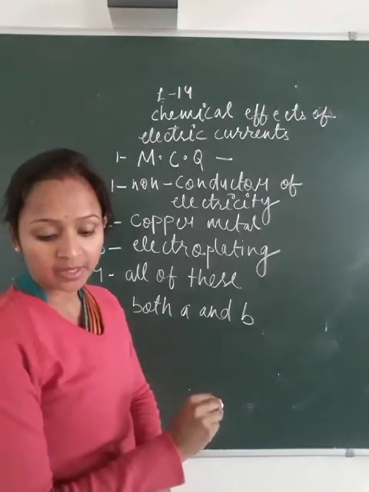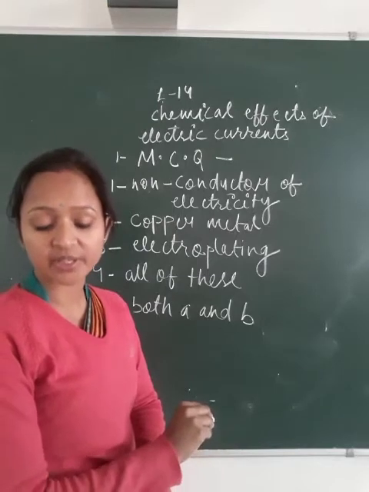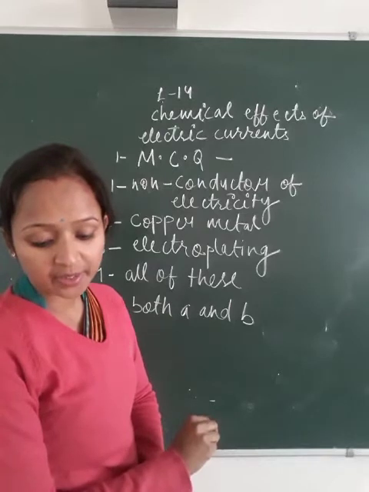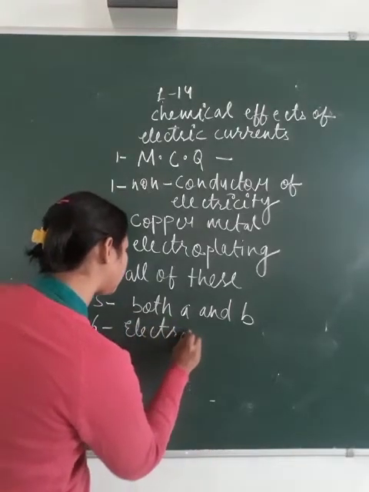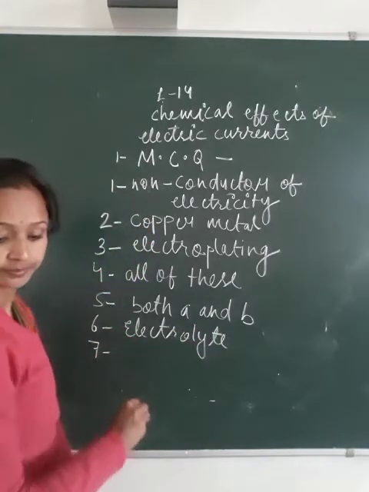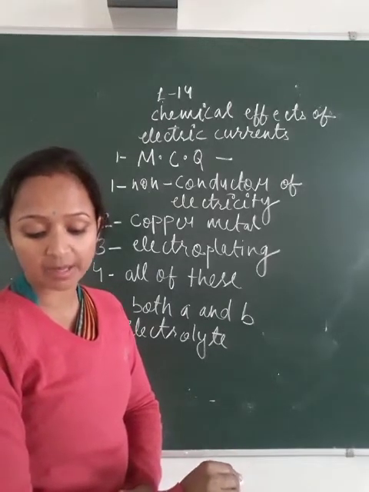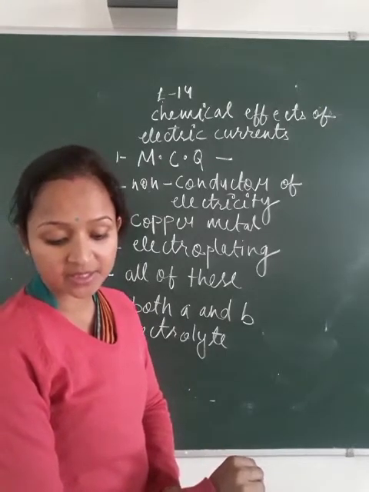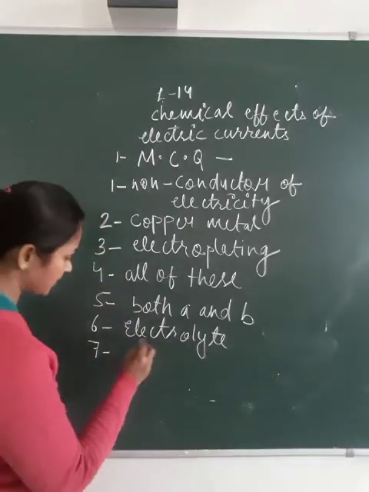Sixth, a solution of a chemical compound which conducts electric current and at the same time undergoes a chemical change is known as electrolyte. The process due to which a solution of a chemical compound conducts electric current and at the same time undergoes chemical change is called electrolysis.